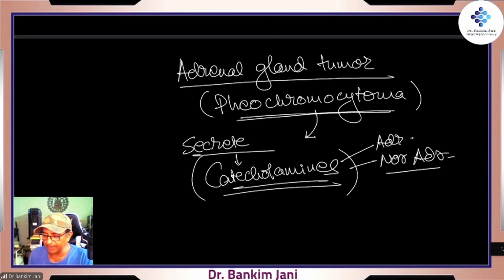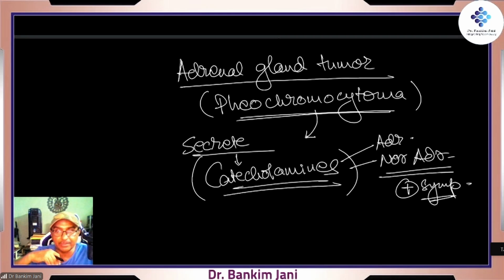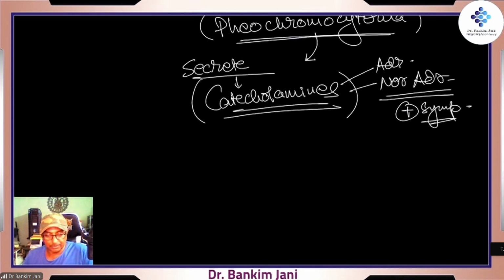So they are stimulants of the sympathetic system. So now we have a tumor which is straight away leading to release of these. And when this occurs, this is stimulation of sympathetic activity. So now there is a completely different etiology.